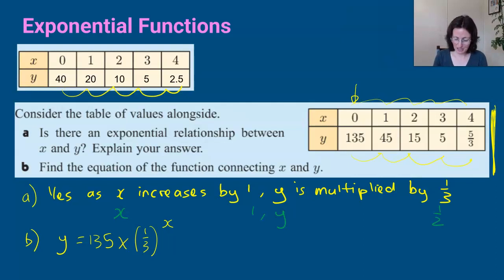So for the equation for this particular one, we can start already. We've got the y, we've got the base number to the power of x. What is the number when x is equal to 0? It's this here, it's 40. So there is our equation, 40 multiplied by a half to the power of x.